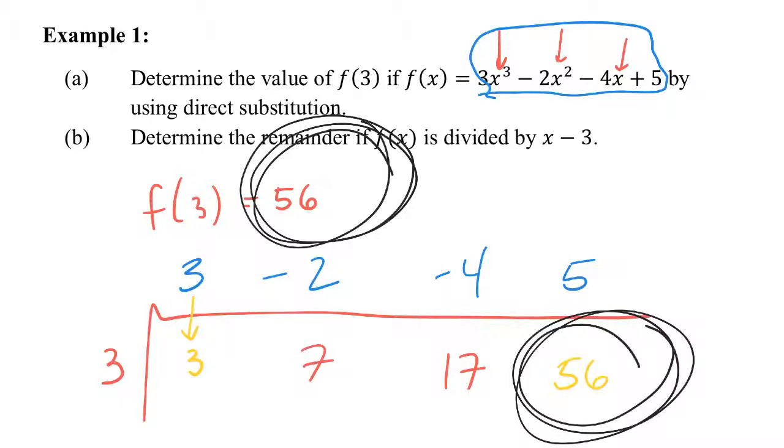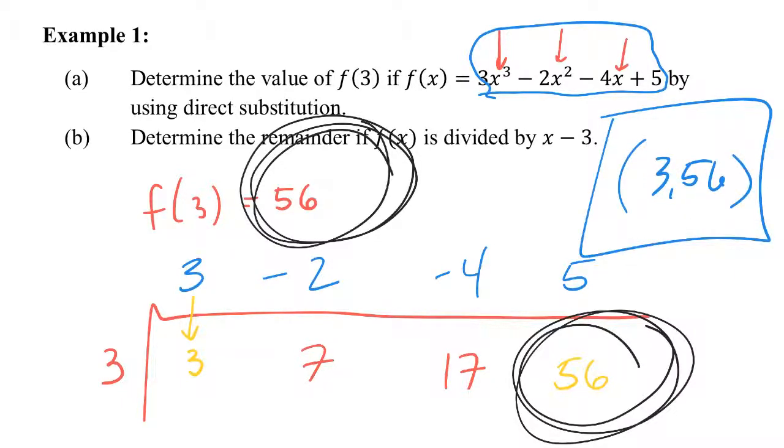We called it synthetic division yesterday. But if I don't want to plug in f of 2 and f of 7 and f of 8 every time, I can just put the numbers here. And whatever comes out as the remainder is the y. So the coordinate here is 3, 56, determined either by A, direct substitution, or B, synthetic substitution.